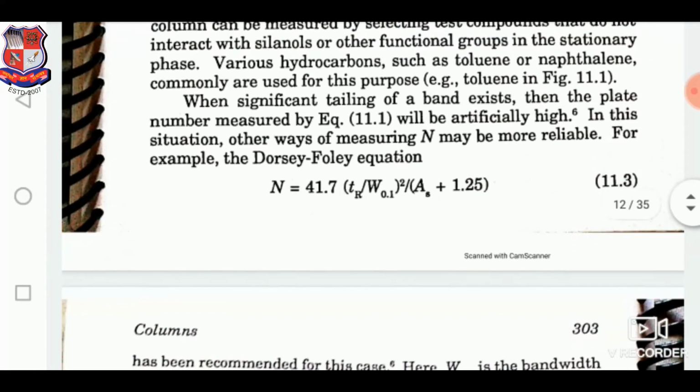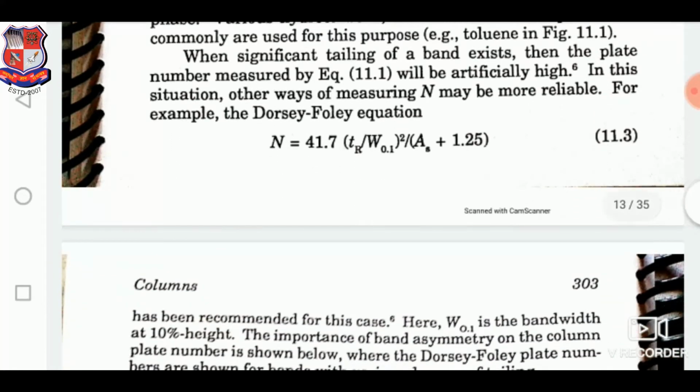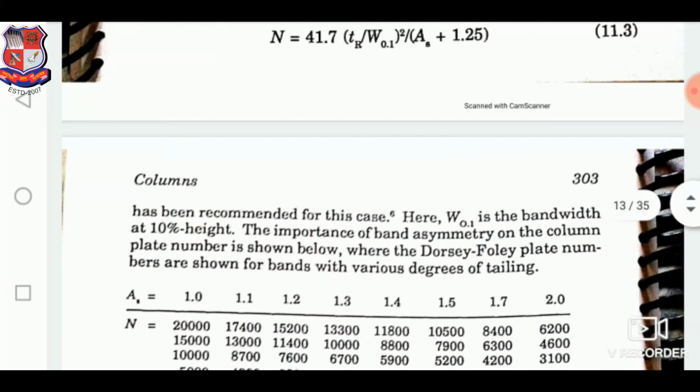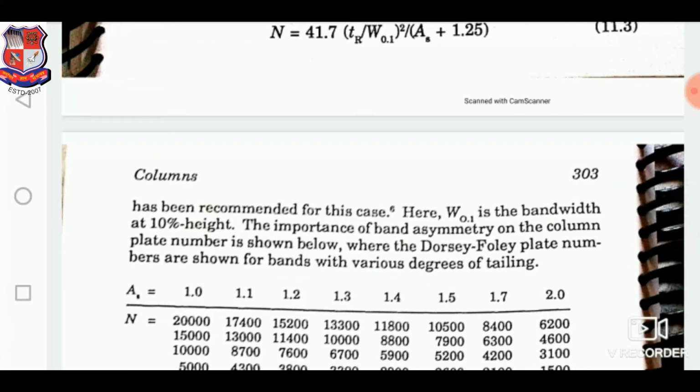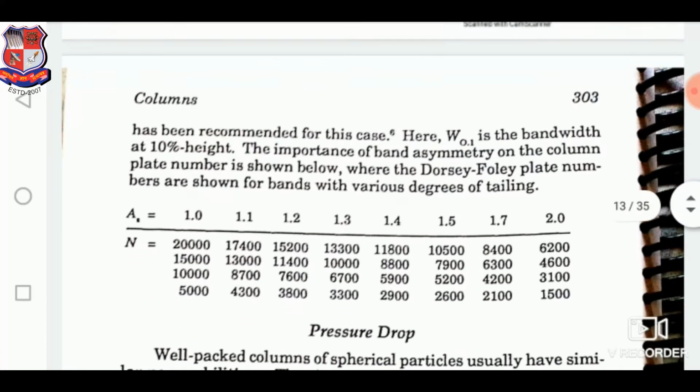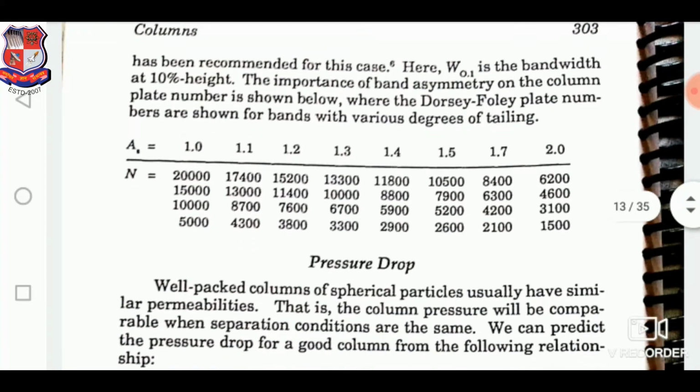For example, the Dorsey-Foley equation. Now this is another equation for calculating the theoretical plate number. And here W0.1 is the bandwidth at 10% height. The importance of band asymmetry on the column plate number is shown below, where the Dorsey-Foley plate numbers are shown for bands of various degrees of tailing.